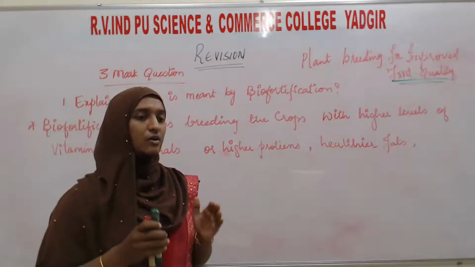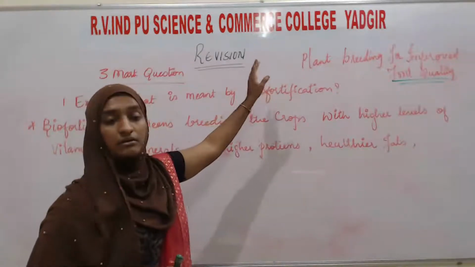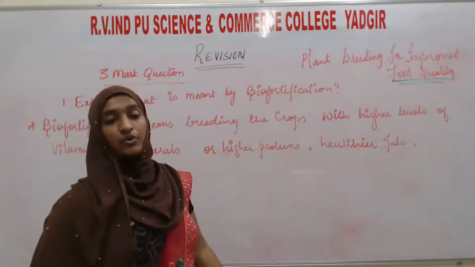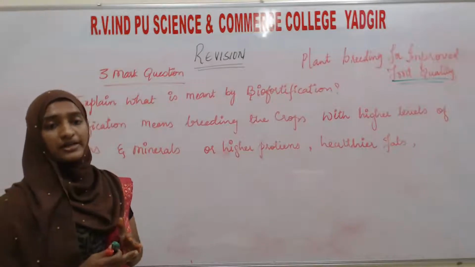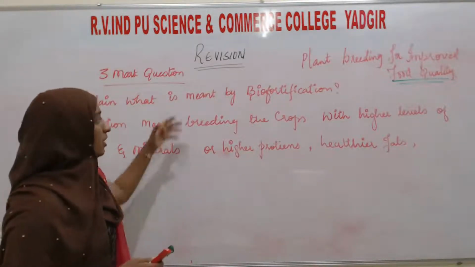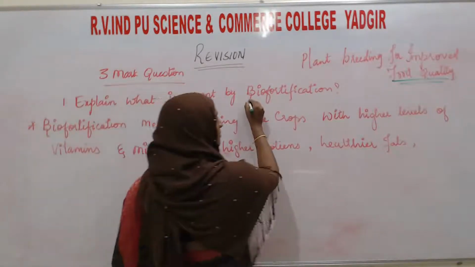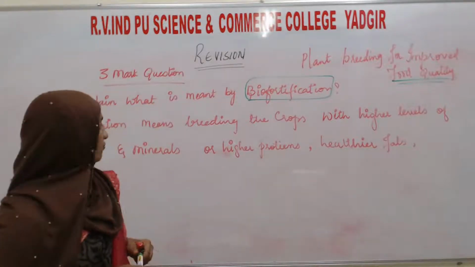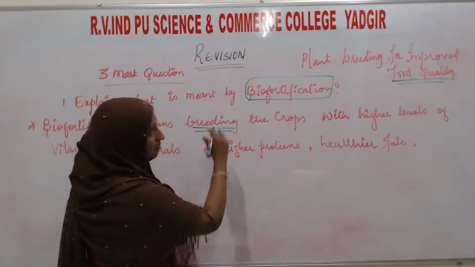To come over that problem, they discovered this plant breeding technique for improved food quality. For the improvement of the food quality, in the sense of nutrients, the term they have given is biofortification. Explain what is meant by biofortification. Biofortification means breeding. Breeding by what?